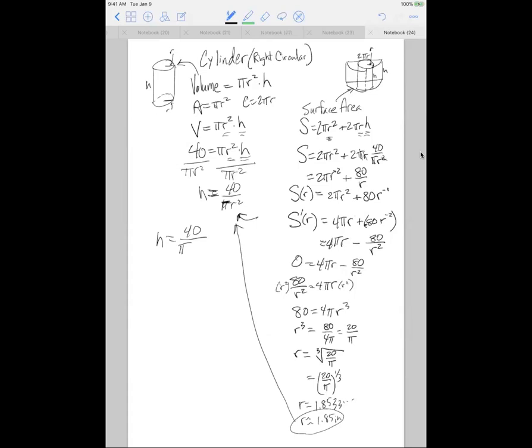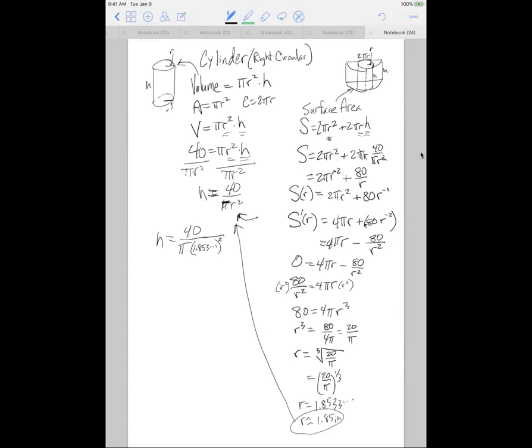Instead of rounding to 1.85 and getting a rounded answer, I'm going to put in the exact number that's in the calculator, out to that many places. I'm going to square that number, multiply times pi, and then take 40 divided by that, and it'll be the height.